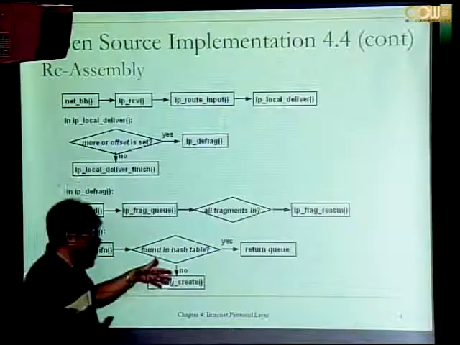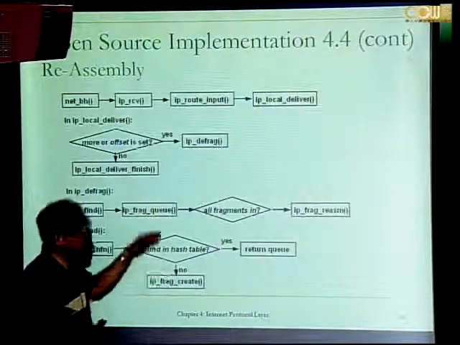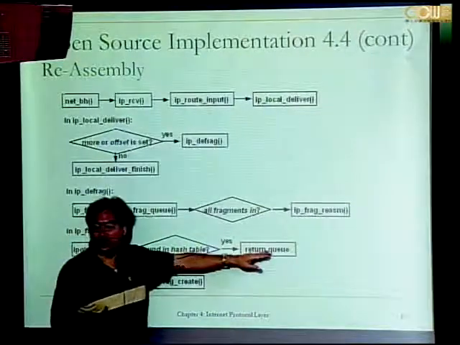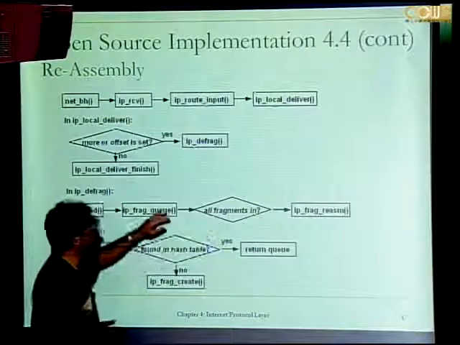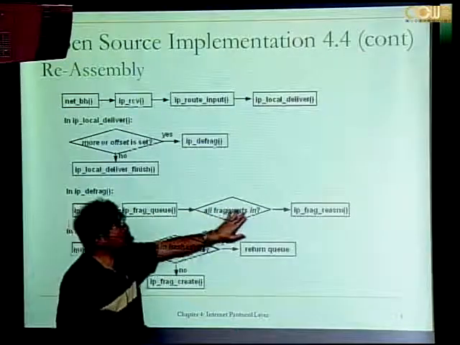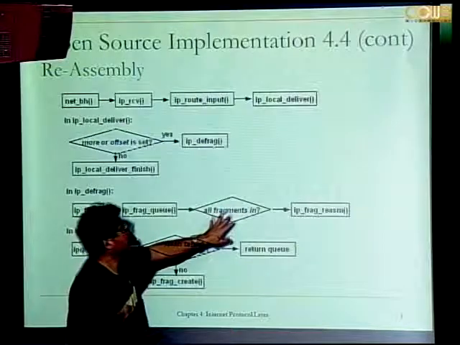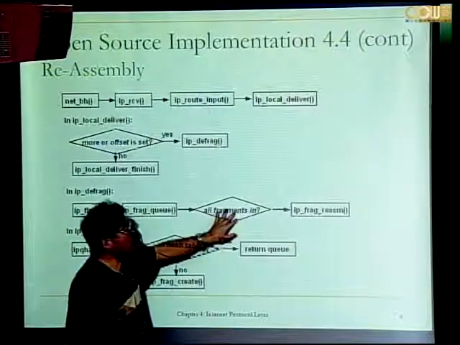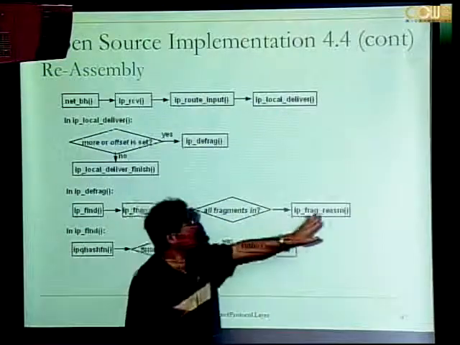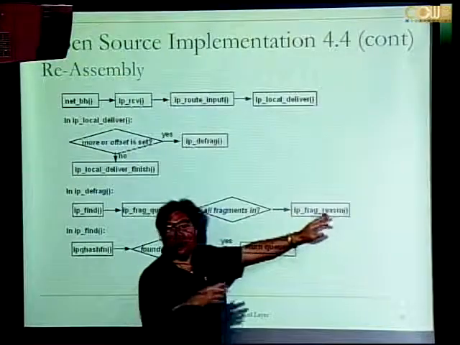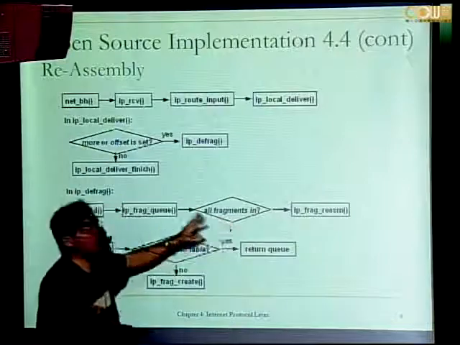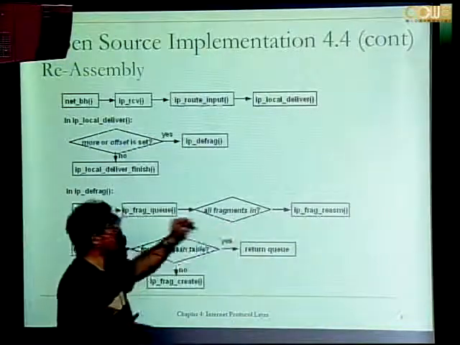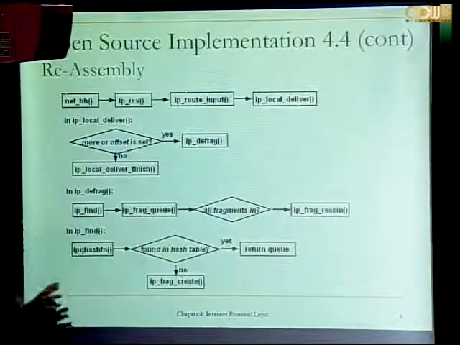Here I put it in the newly created entry, and here I put it into the matched entry in the queue. And I check whether all fragments are in. If all fragments are in, then I do reassembly. If not, then I don't do reassembly. I will just return.